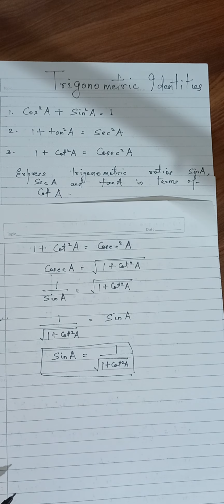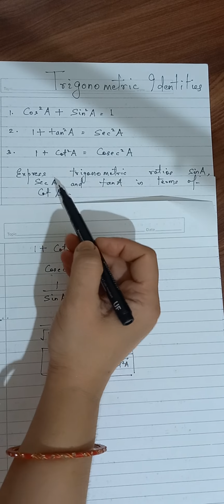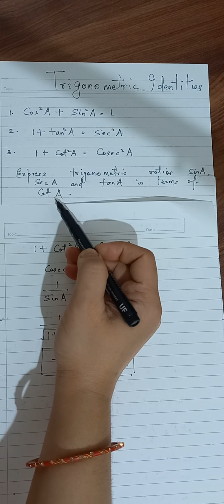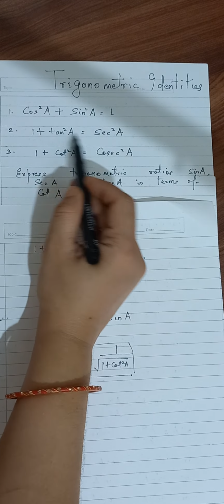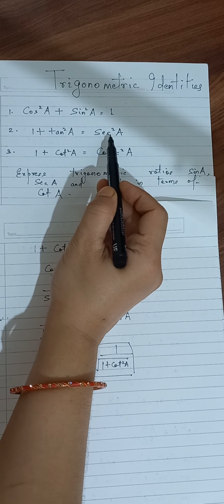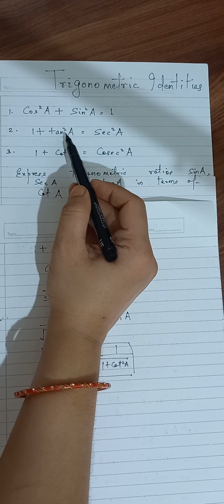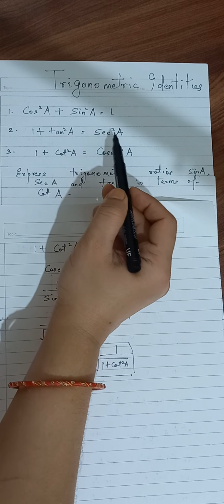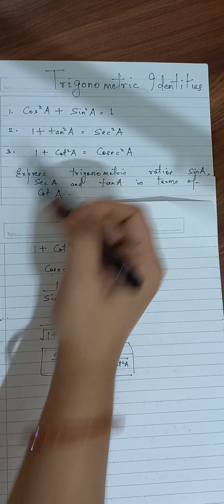Now the second term is sec A. We have to express sec in terms of cot A. That means we have to use the second formula, because we know that the reciprocal of tan is cot, and sec should be expressed in terms of cot.